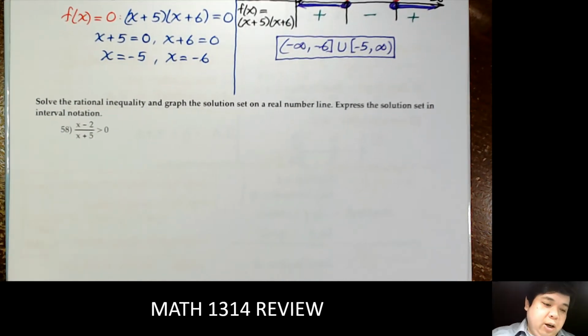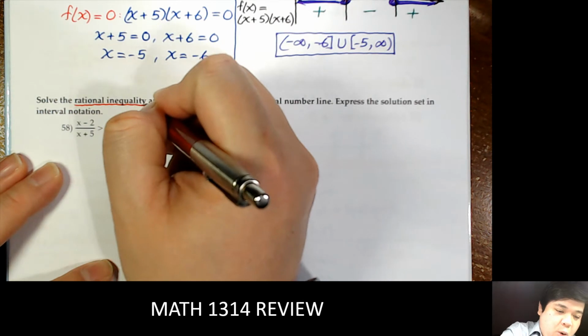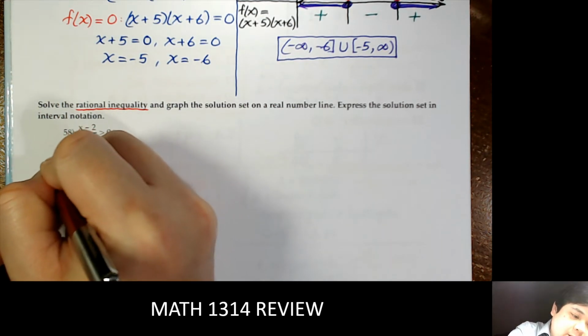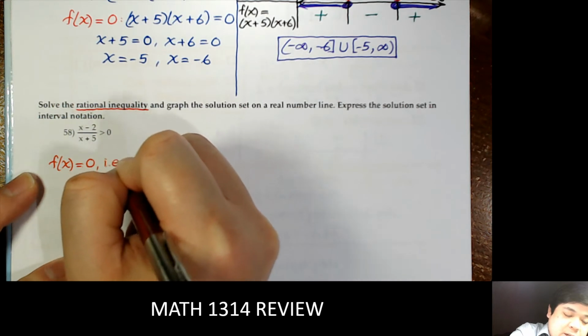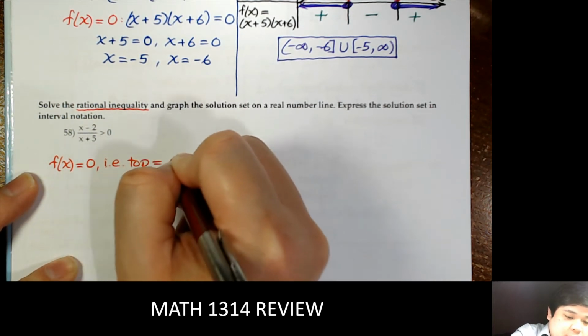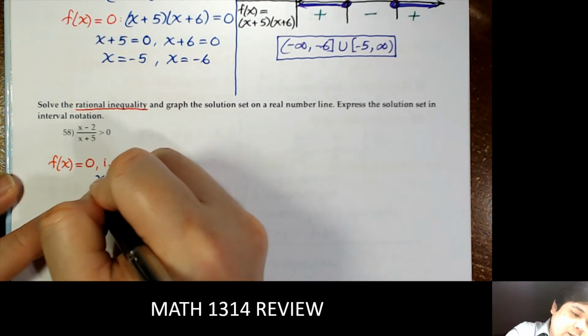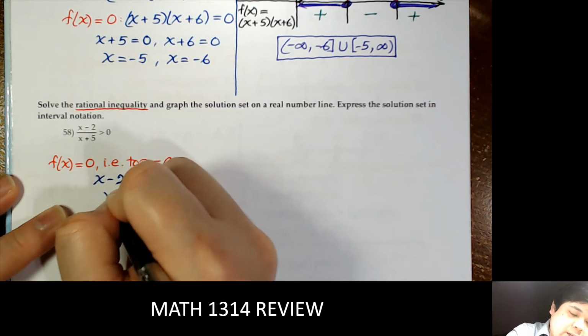Right. Next, we have the rational inequality. So we do almost the same as before, except on the rational function, if the denominator is equal to 0, it is undefined. So we'll do two things. First, the function equal to 0. That means the top is equal to 0, and we find out the values. So x equal to 2.